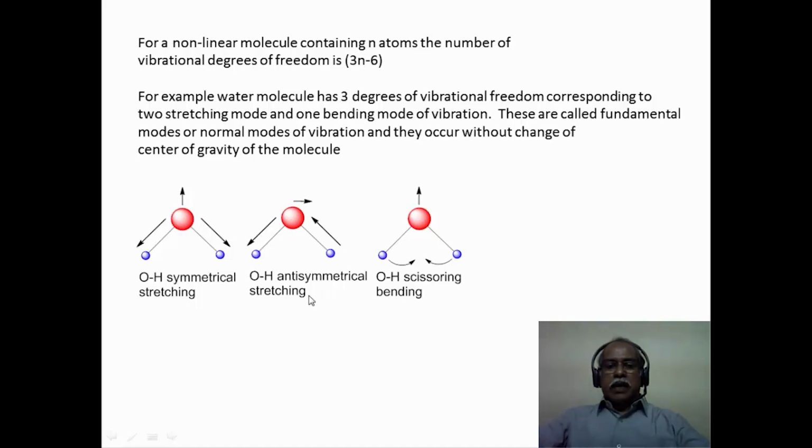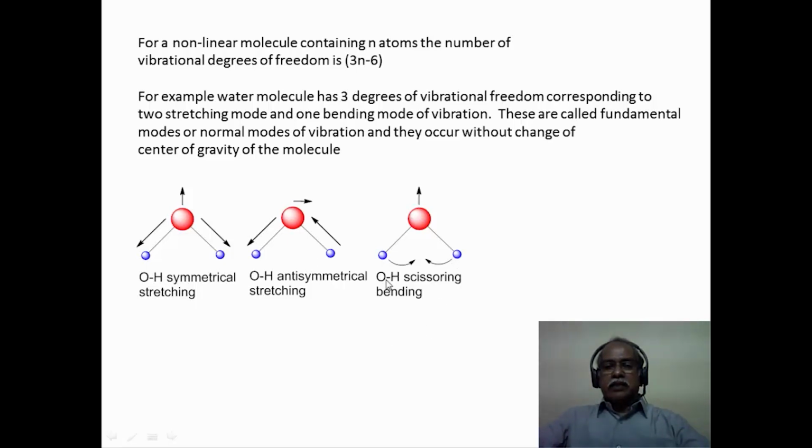In the antisymmetrical or asymmetrical stretching, one OH bond is elongated while simultaneously the other bond is compressed as it is shown, and in order to again maintain the center of gravity in the same place, the oxygen atom moves in this direction. And these are the 2 stretching frequencies.